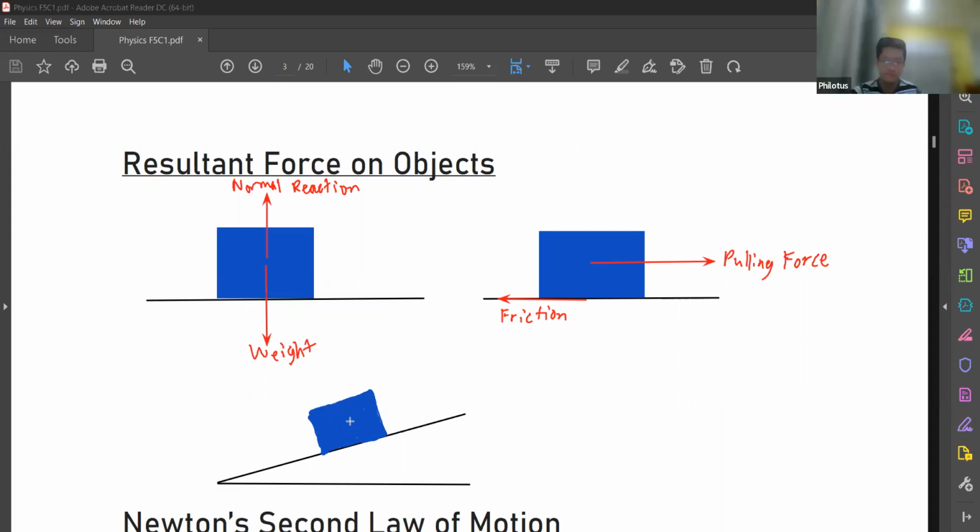Okay, so what are the forces acting on this object right now? Let's say this object is sliding down in that direction.